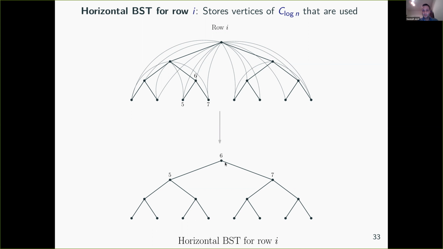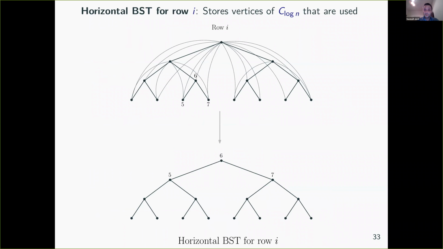And then you want your BST to be perfectly balanced, so you will map them maybe in this way. Okay, so for each row, we are storing whatever vertices of C log n we are using in that row in a corresponding BST just for that row. And we want that BST essentially to be perfectly balanced.